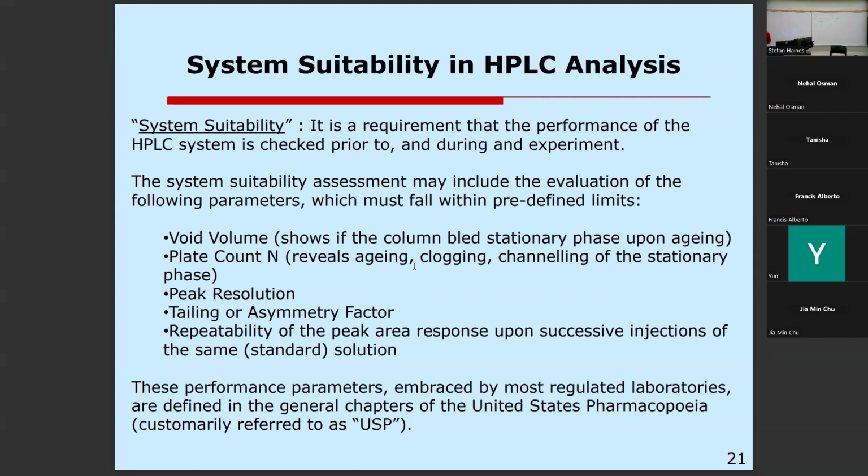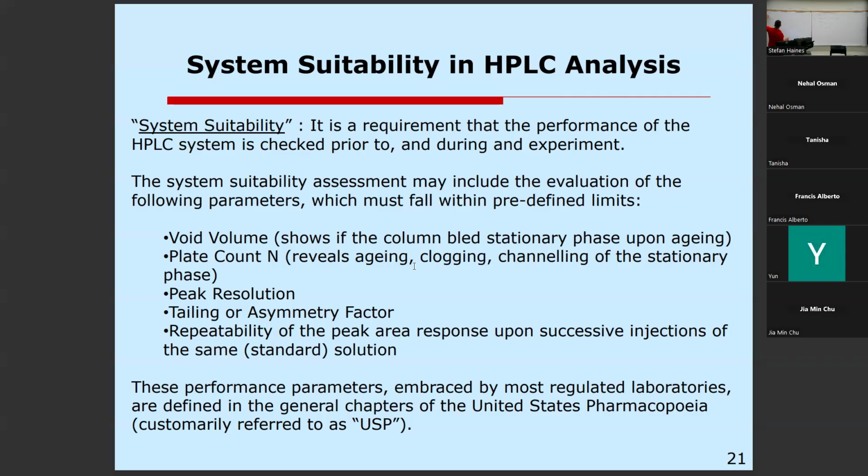I don't know if we talked about it. T is the width of the peak at 0.05, so that's 5% above the baseline, divided by 2 times f, f being the distance from the peak maximum to the leading edge of the peak. The leading edge being the forwards part.